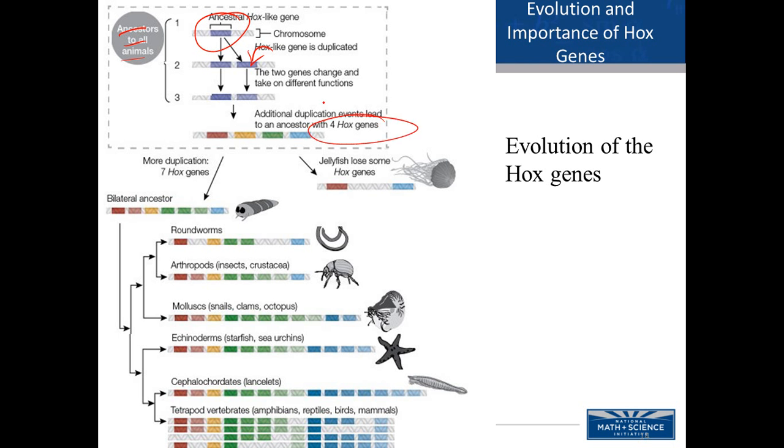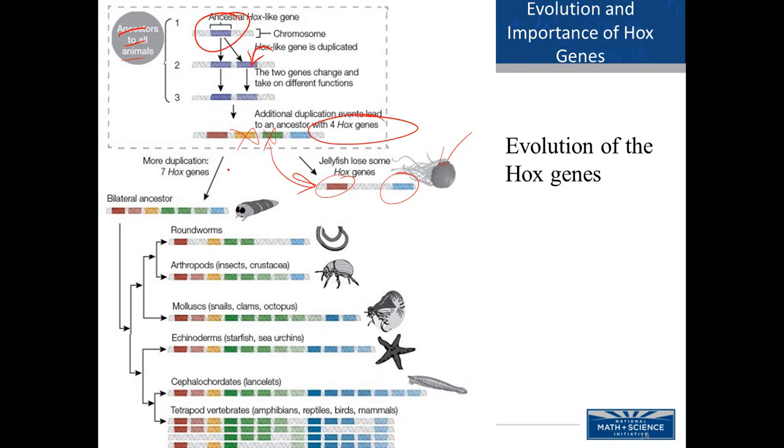And now we have a divergence in which we have jellyfish over here. Our best guess is that the jellyfish lost 2 of those Hox genes, because there are only 2 Hox genes or homeotic genes found in jellyfish.